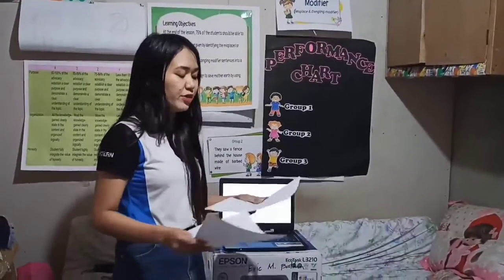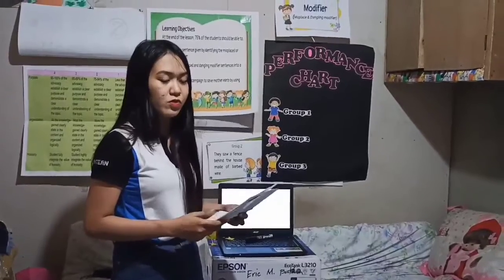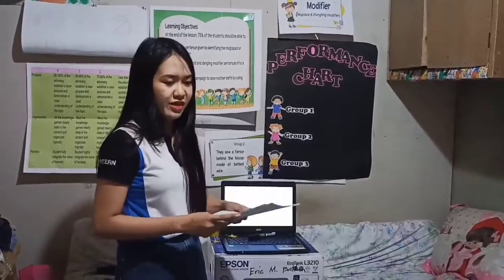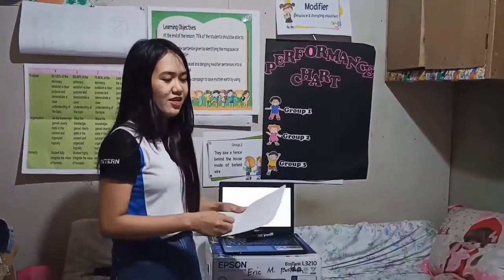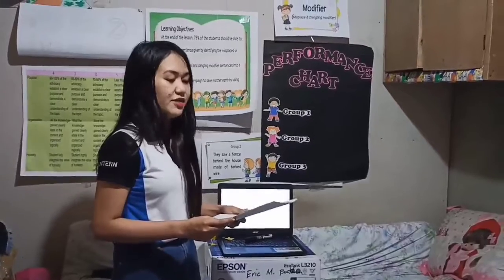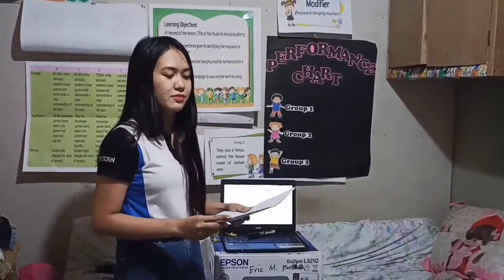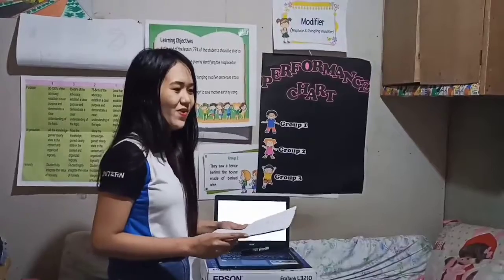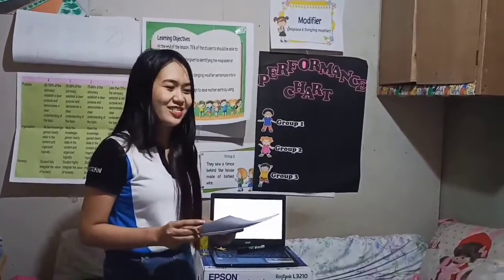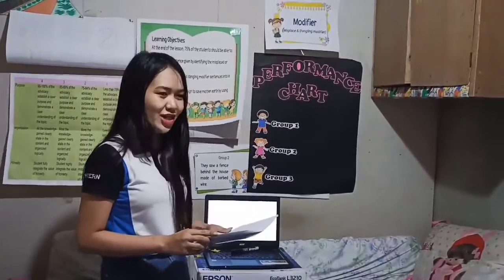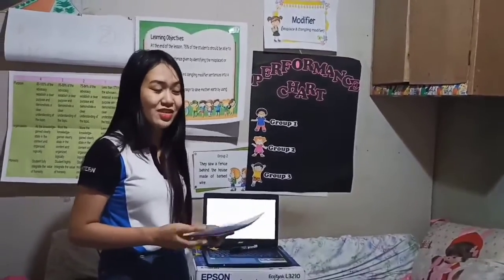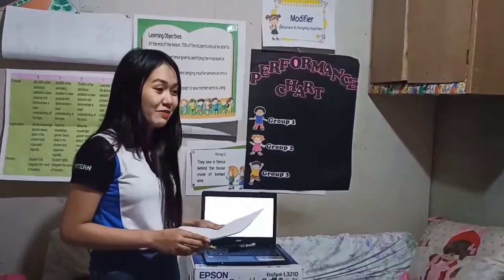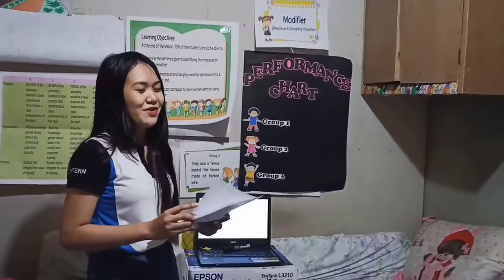Okay, how about 4 points? Who got 4 over 5? Okay, 3, 2, 1, 0. Okay, I can see that you really learned a lot during our discussion, because most of you got 5 points and 4 points.